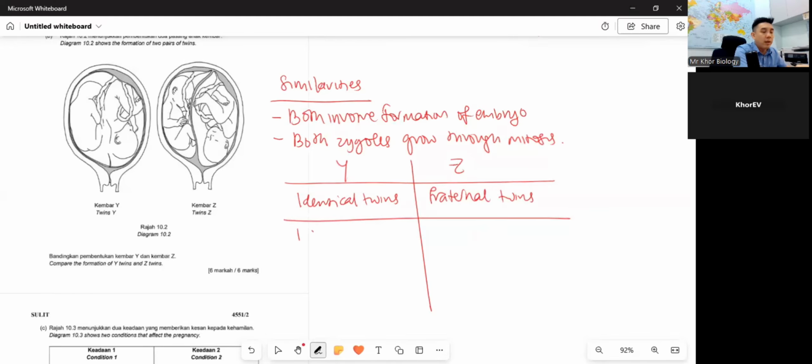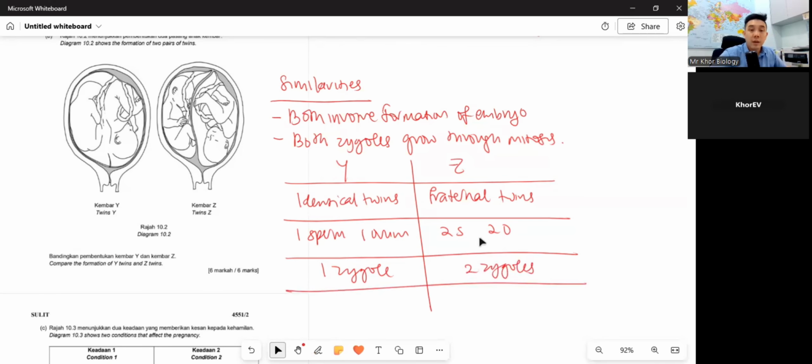So this one involves one sperm, one ovum. This one involves two sperms, two ova, and therefore two zygotes are formed here, while one zygote is formed in the other. And the zygote splits into two. This one, the zygote does not split because there are already two.